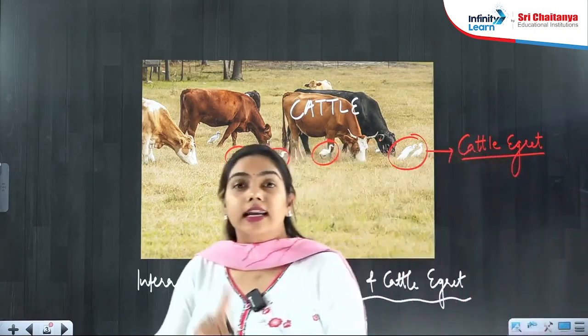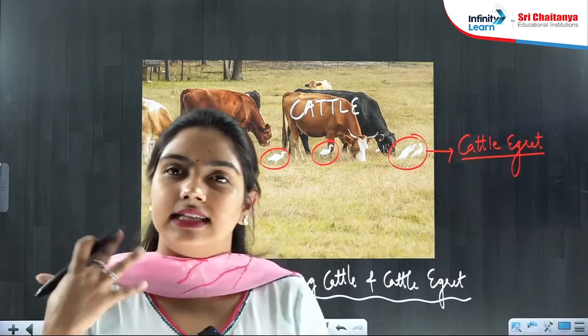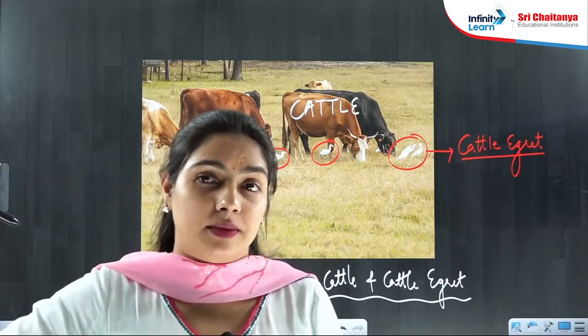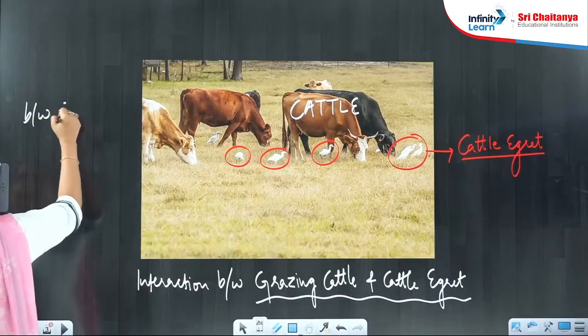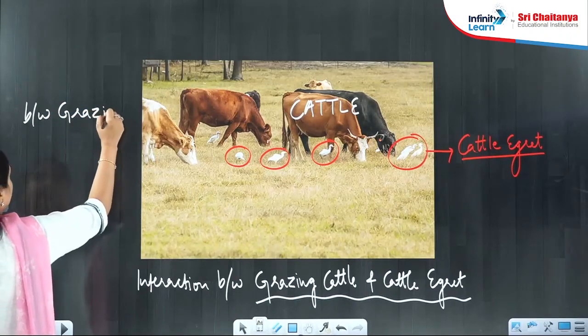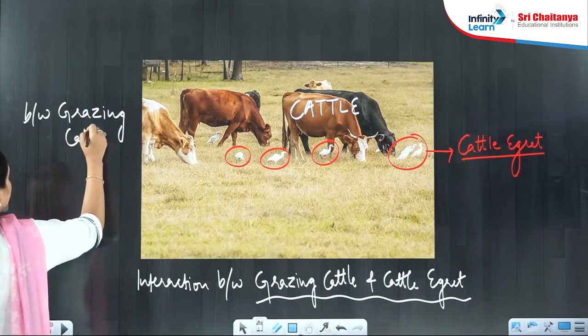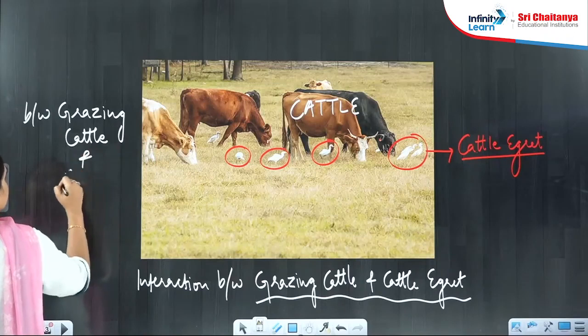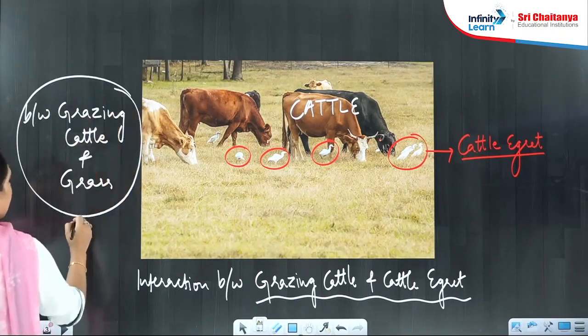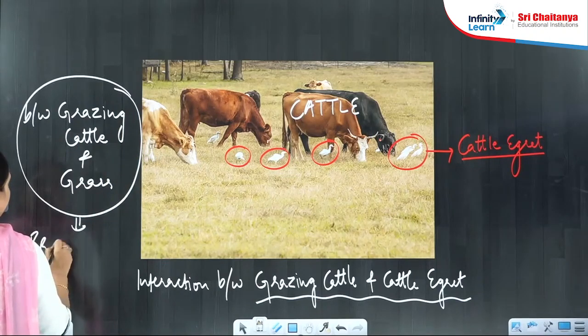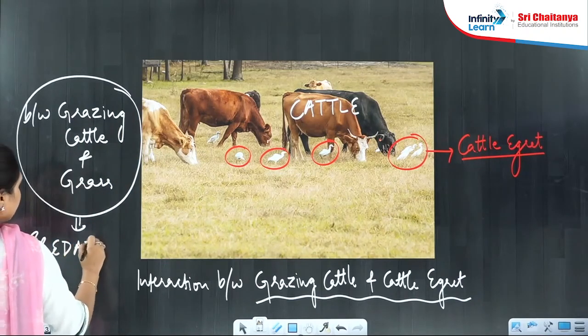In the grazing cattle, see, grazing cattle is eating the grass. That is predation between the grazing cattle and grass. Why?